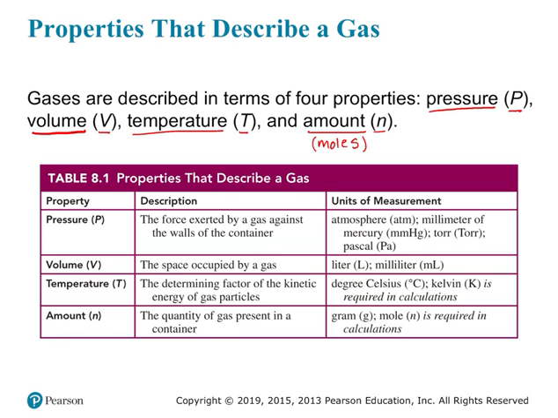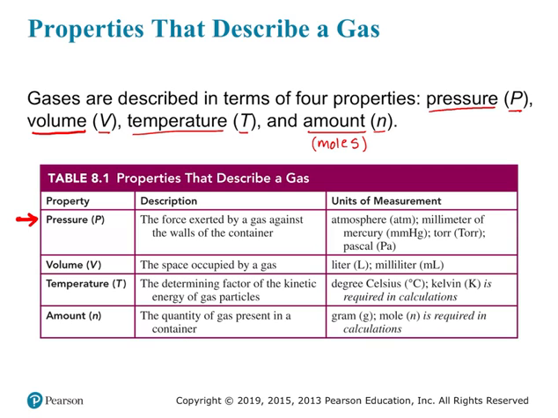All right, so in your textbook, there's table 8.1, and this goes through each of those 4 properties and defines them, as well as lists the units of measurement. So if we look at pressure, this is defined as the force exerted by a gas against the walls of the container.